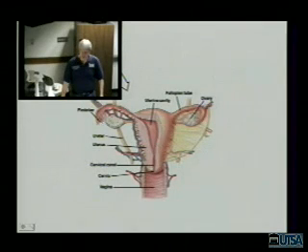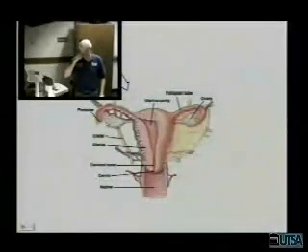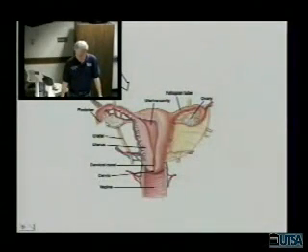The fimbria of the fallopian tube with its various portions, the intramural, the isthmus, the ampulla, and the infundibulum, and of course the fimbria are extensions of the infundibulum, or funnel-shaped portion, and these are the structures that will surround the mature follicle as it is pushing out on the surface of the ovary very close to the point of ovulation. The intramural, within the wall, portions of the fallopian tube, of course, open into the uterine cavity.